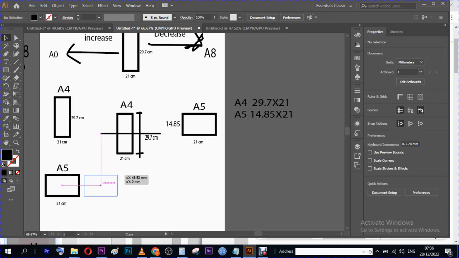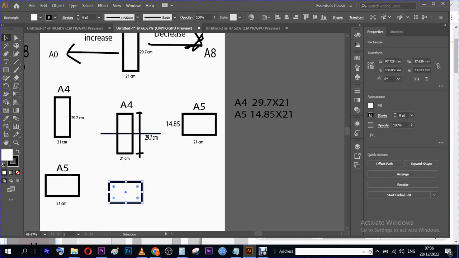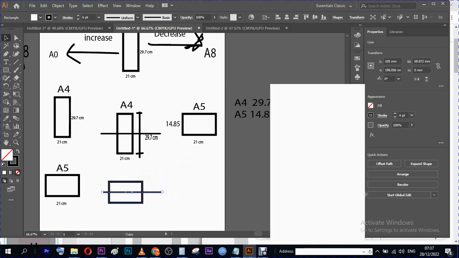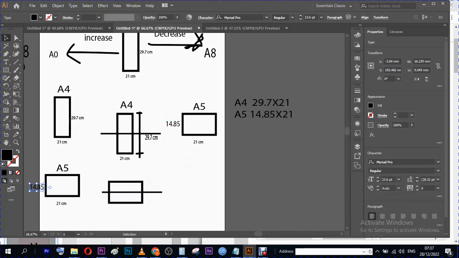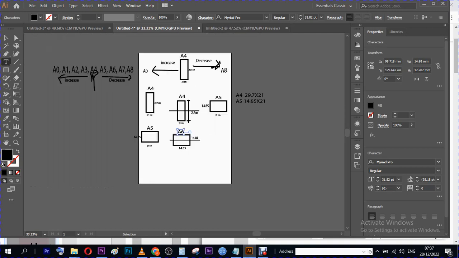If we divide it, meaning that if we are to divide an A5, it is going to be creating an A6, as you see it here. From an A4 we go to A5, from A5 we go to A6.